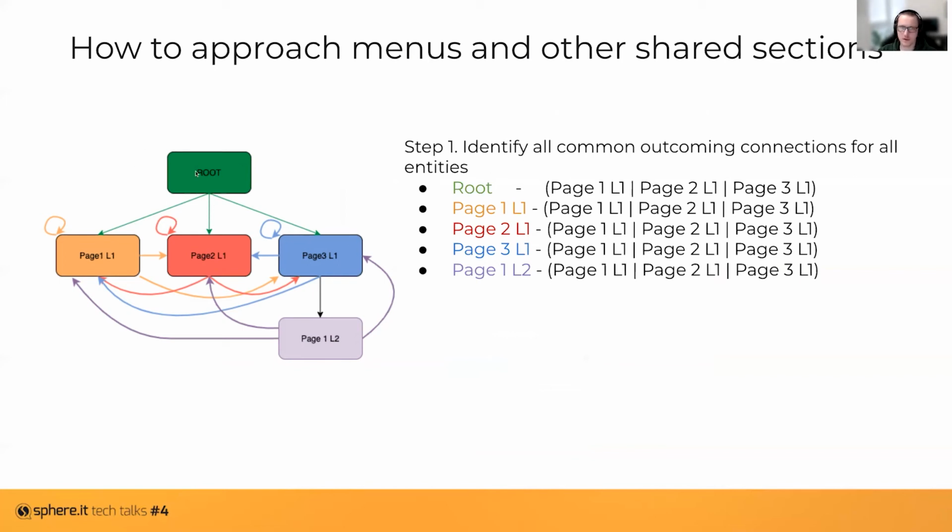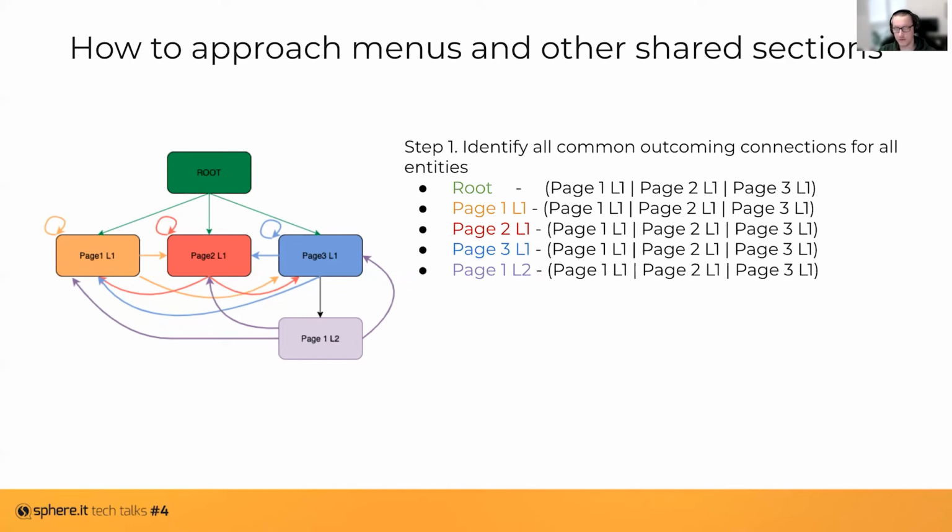It looks a bit messy, but in this case, we have a page with 4 related entities, and the menu consists of page 1 level 1, page 2 level 1, and page 3 level 1. As we can see, all of the entities point directly to these 3 items. So we can define them as a short section.